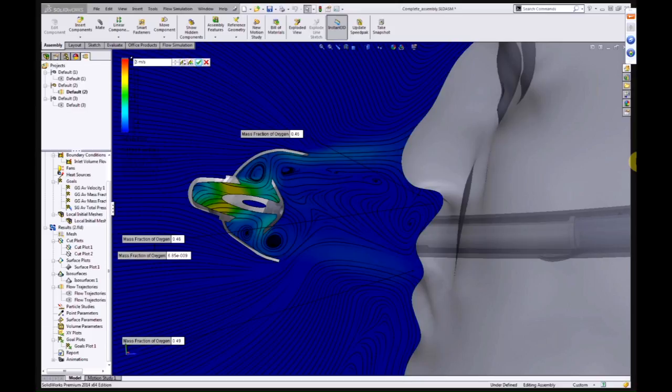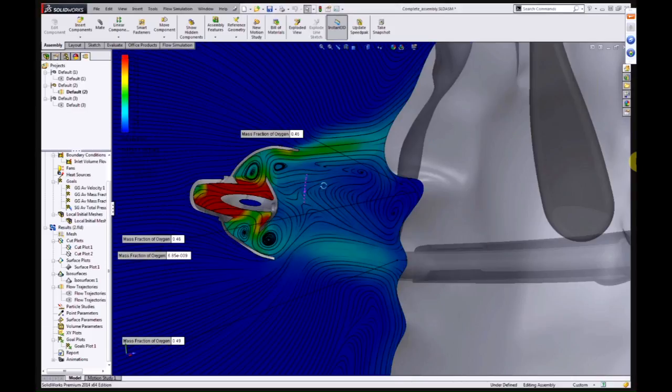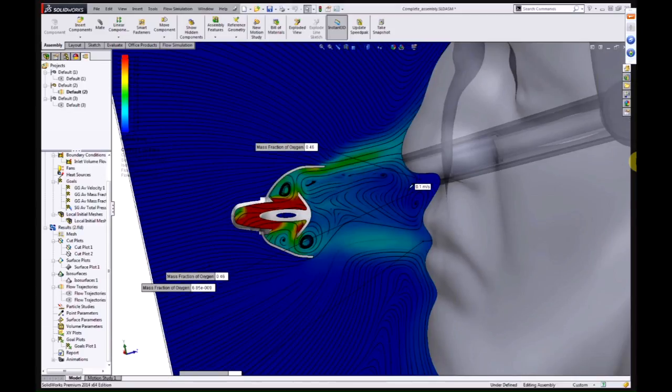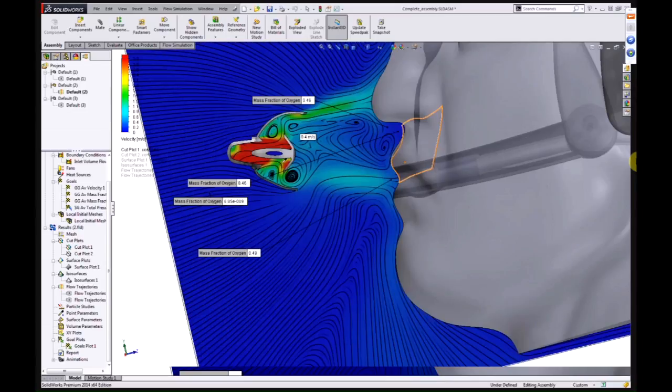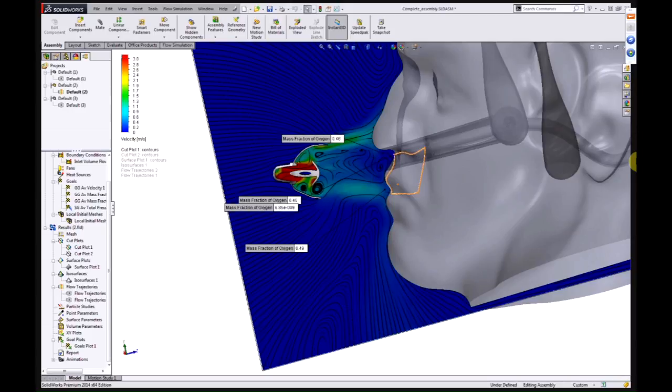And we've got really rich control here. Let's bring these results in. We can overlay things like the oxygen concentration seen by different portions of this patient's face.